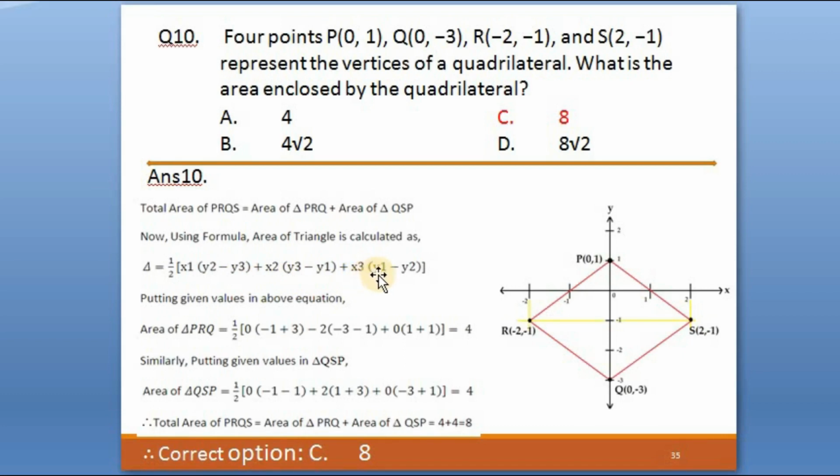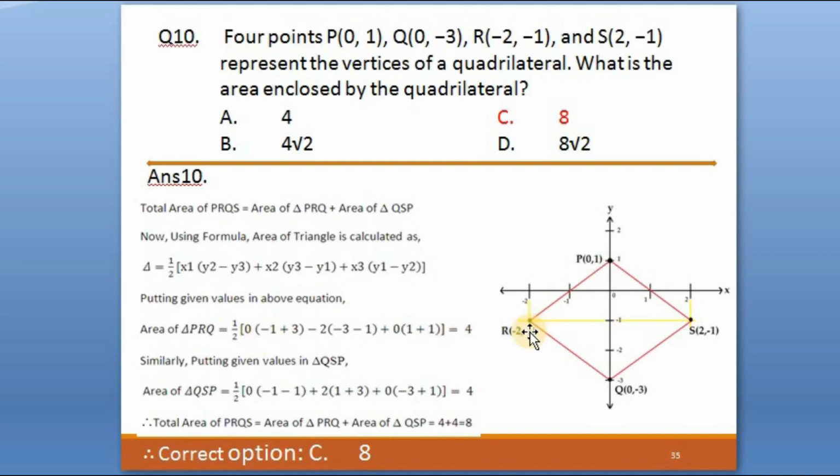So using this formula, with the coordinates given, that is P is (0, 1), the first one represents x and the second one represents y. So we will put the values here according to the first triangle. P is (0, 1), so x1 is 0, y2 is -1, as you see here, and y3 is -3.